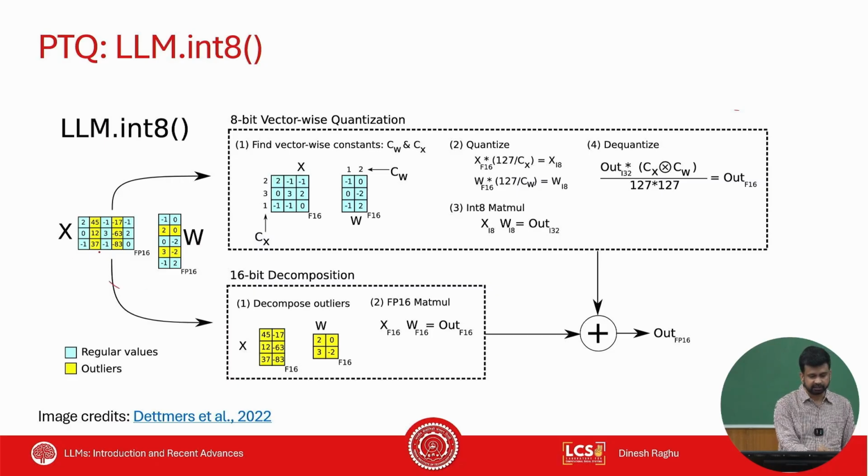They have removed the outlier columns here and the outlier rows here, and kept them separate, right? Now for the non-outlier ones, you do quantization, and for the outlier ones, you don't. You represent them as is, and whatever precision you used during training and what the full model uses, use the same to do inference here as well, and then you add them up, right?